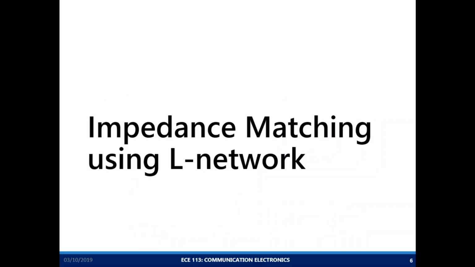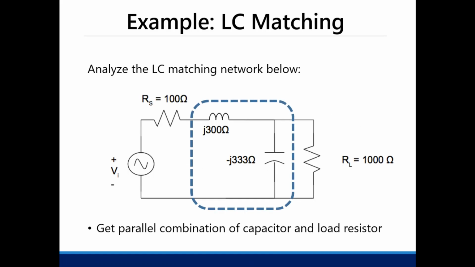So for example, let's look at what we call the L matching network. It looks like a low pass filter. But how does it work? An L matching network has a shunt impedance and a series impedance. The shunt and series impedances will transform this load resistance into another value, and it should be equal in magnitude to your source resistance right here.